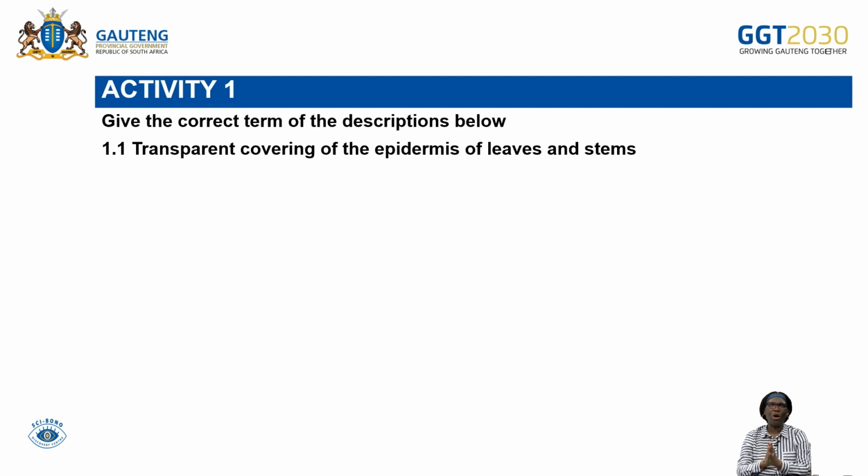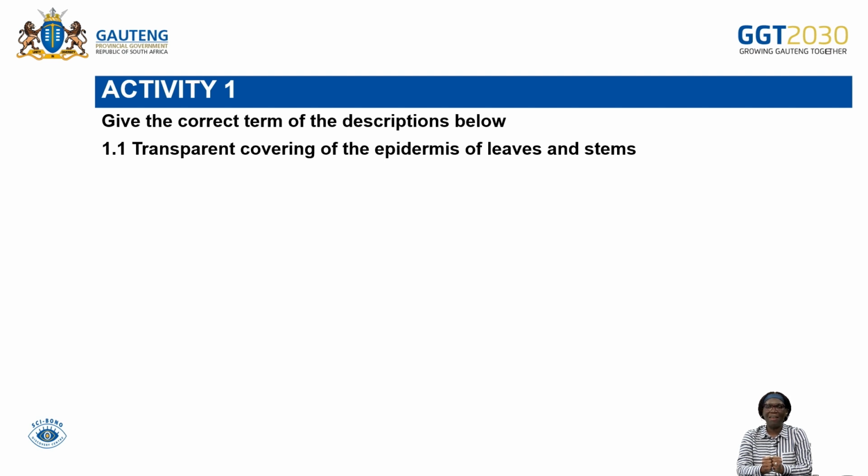So, who can tell me what is the answer to this question? A transparent covering of the epidermis of leaves and stems. What do we call that transparent covering of the epidermis of leaves and stems?